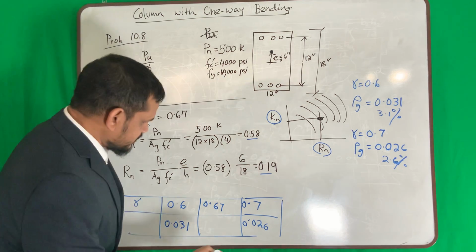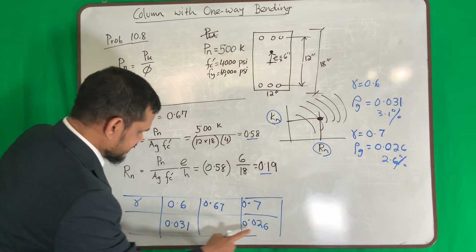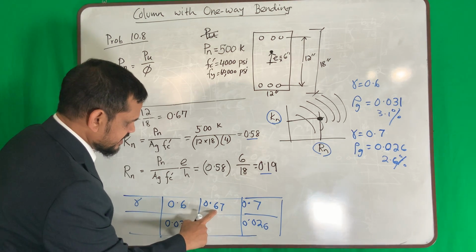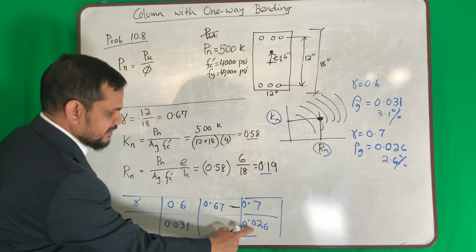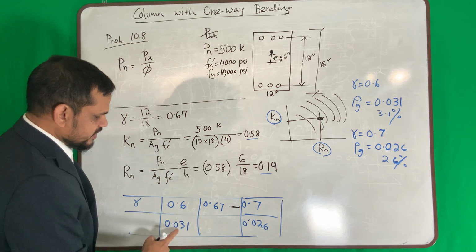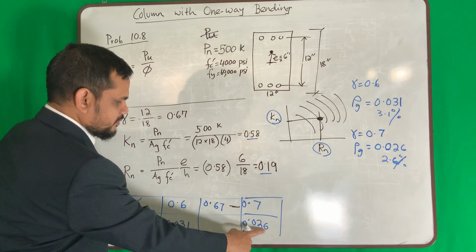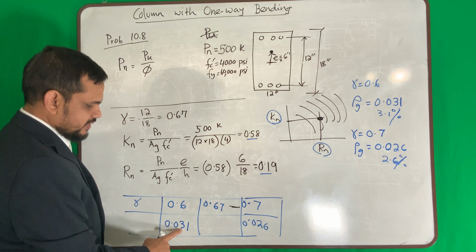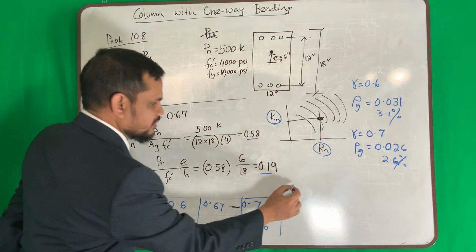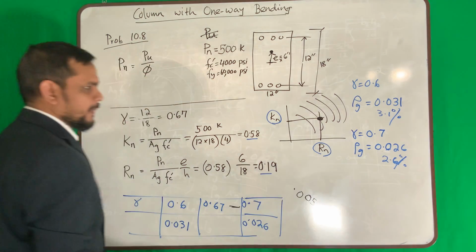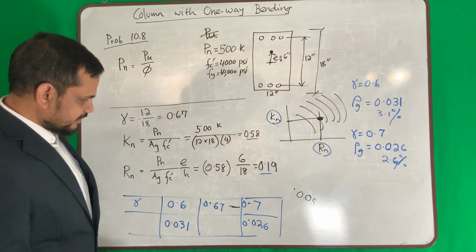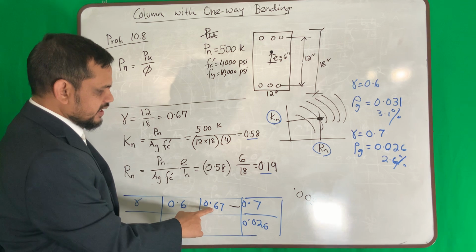Okay, so 0.031, 0.026, my value at 0.67 is close to this value. That means my value will be close to this one. So the gap is 0.005, and I am mostly there.